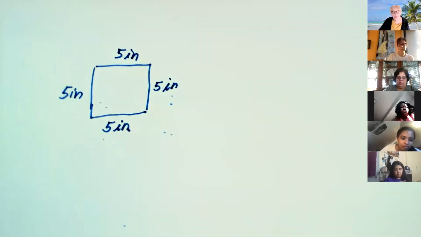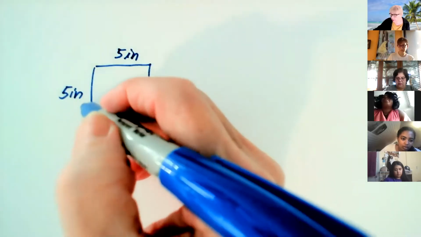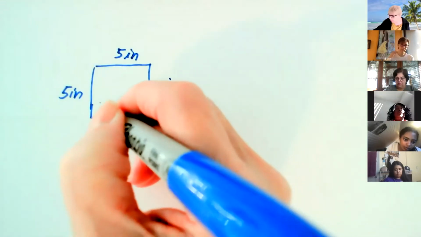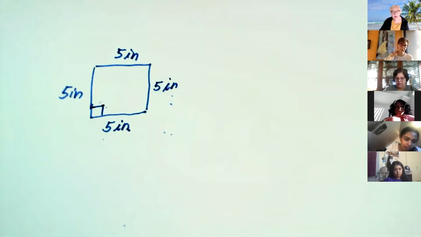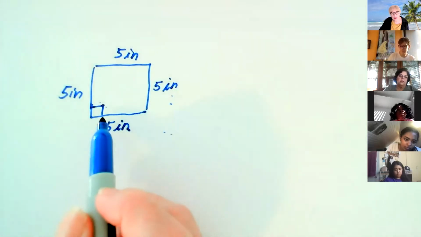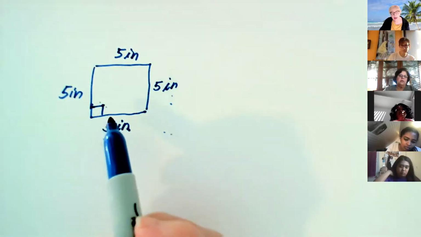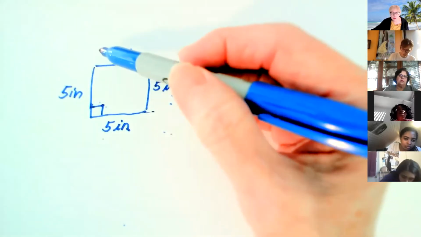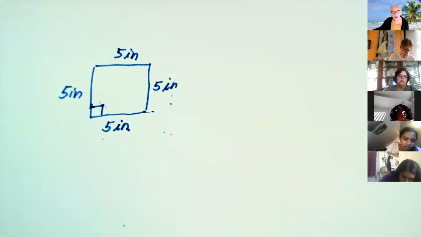The definition of a square is that all the sides are the same, and the angles between one side and the other are 90 degrees. In geometry, they use this little mark to say it's 90 degrees. Another way to say it is perpendicular. So if this was the floor, this would be vertical. And so that's a square.